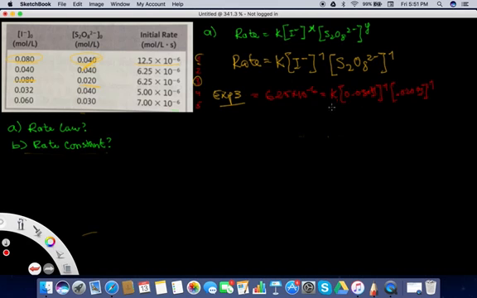So now we can divide both sides by 0.080 to the first power times 0.020 to the first power to get k all by itself. I'm going to denote two little quotation marks just so that it's the same thing we're dividing by. And we would get k is equal to 0.0039.